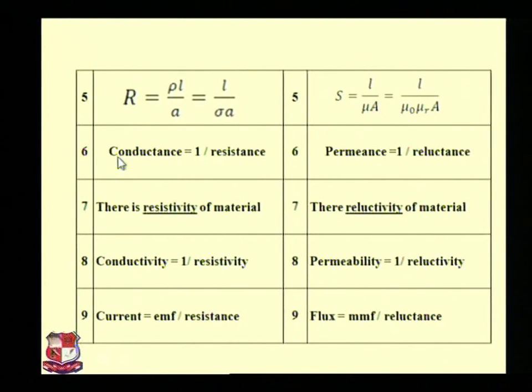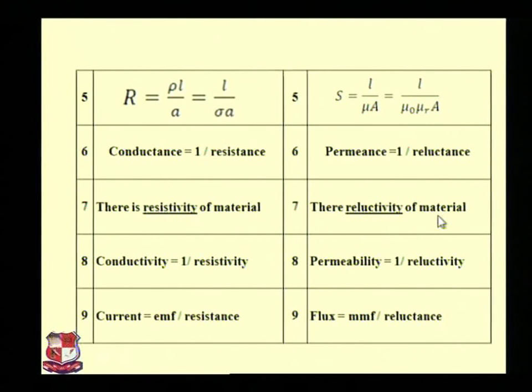Similarly, one term is conductance, which is 1 upon resistance. That means the inverse of resistance is known as conductance. Similarly, the inverse of reluctance is known as permeance. There is a resistivity of the material and there is a reluctivity of the material.